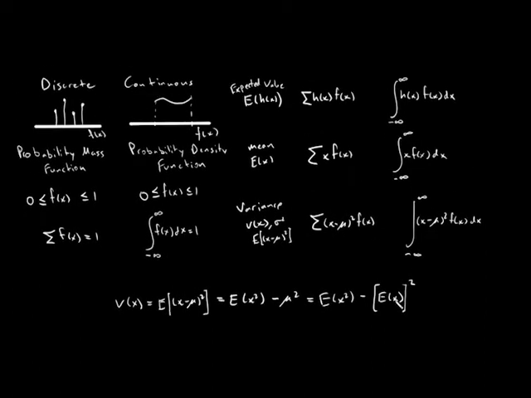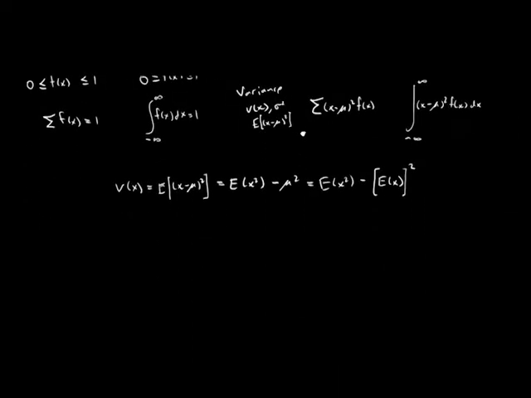Oh, I forgot to write that down. The mean, as well as being written as the expected value of x, is also written as mu. So don't forget that mu is equal to the expected value of x. Now this formula makes it easier for us to find the variance in some situations.